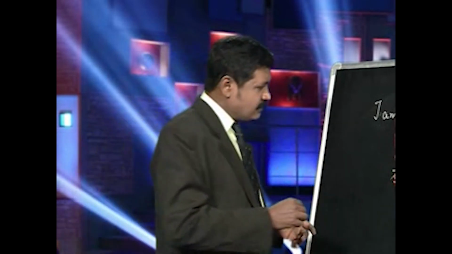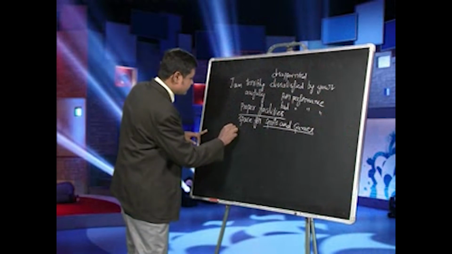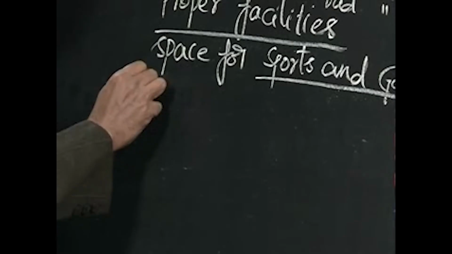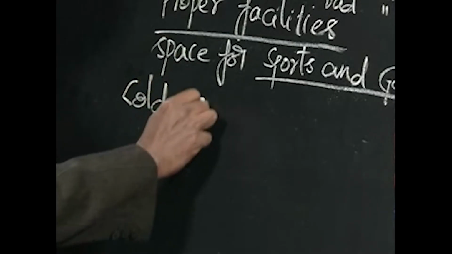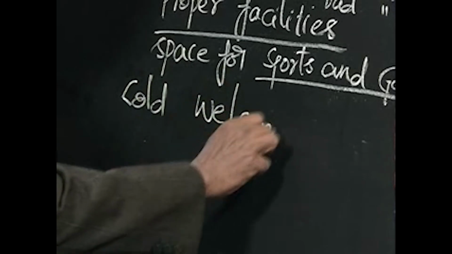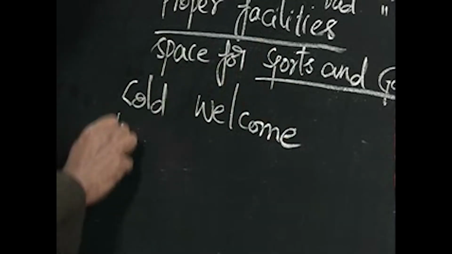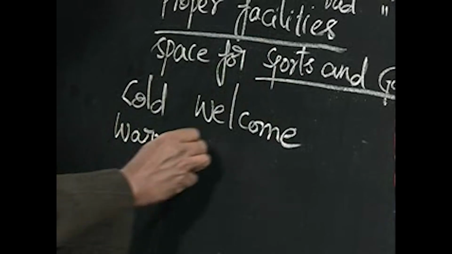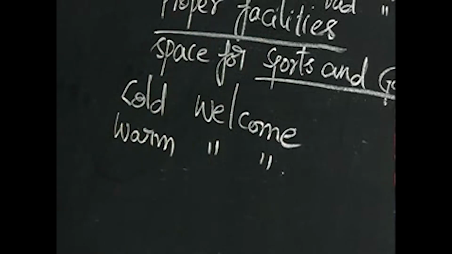Let us now look at some of the new expressions which we can use. What are some of the new expressions that we can learn? They are, for instance, cold welcome and warm welcome.